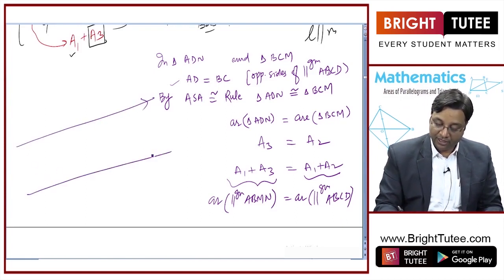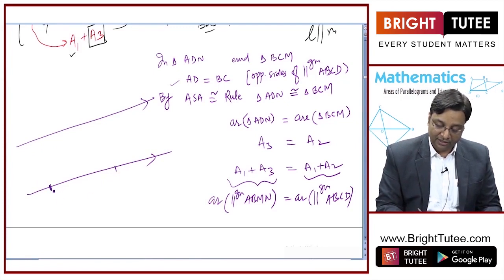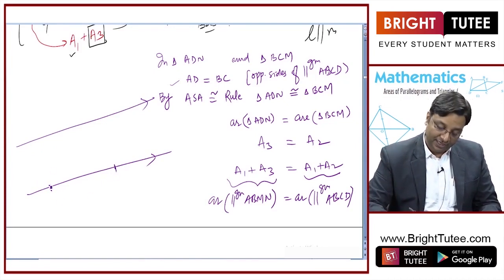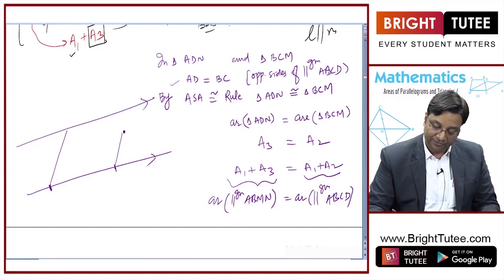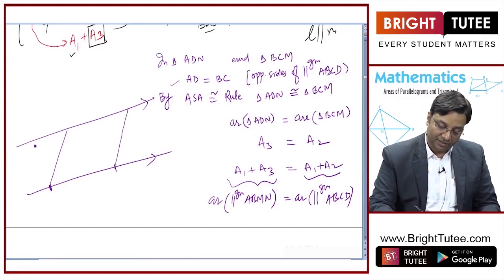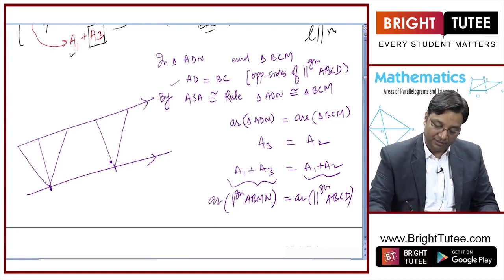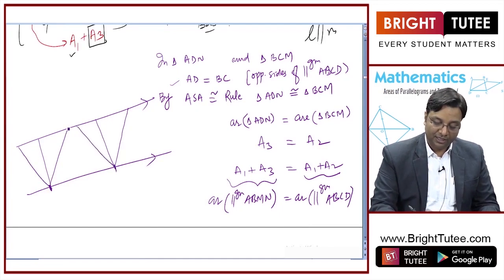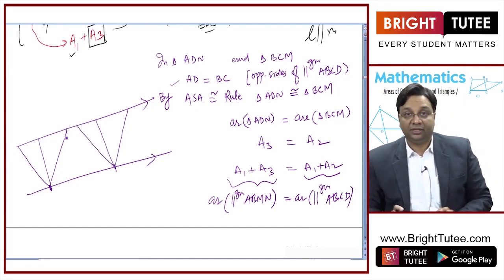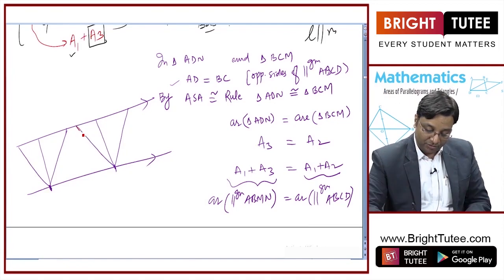So, you can make any two parallelograms on this base, let us say. Okay. This is, let us say, the common base, and if you make this parallelogram, you make another parallelogram on the same base and between the same parallel lines, you make a third parallelogram like this. Okay. All of these parallelograms that I have shown you will have equal areas.